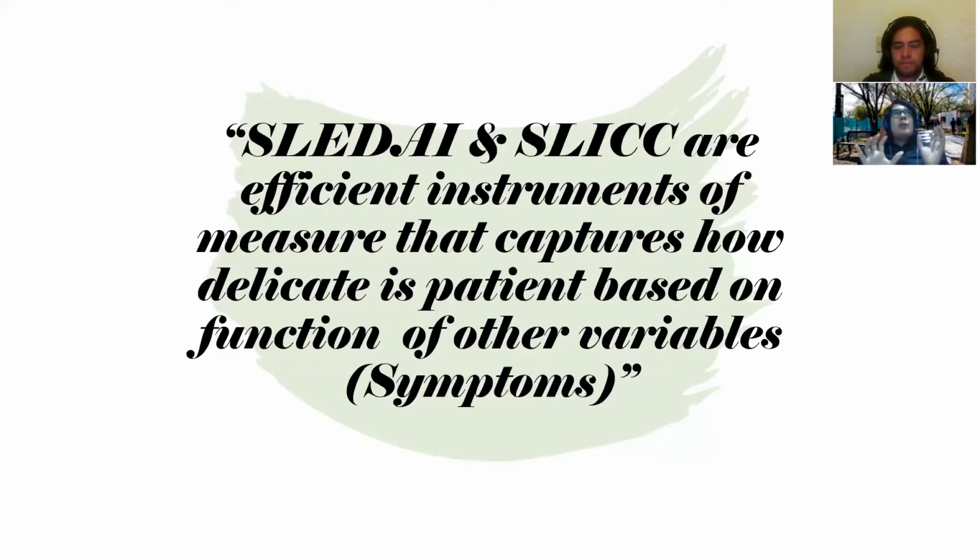I don't remember the colors of this group, I think they are pink and orange. But the main idea is how all the other variables have a bigger impact on the SLEDAI and SLICC measurements.